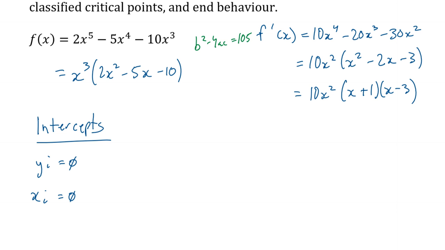B squared minus 4ac showed it's not factorable, but there are solutions. What does that mean? There are x-intercepts. So do you have to use quadratic? Of course you do. You got to find those intercepts. Absolutely. So my intercepts are 0 and 5 plus or minus the square root of 105 over 4.